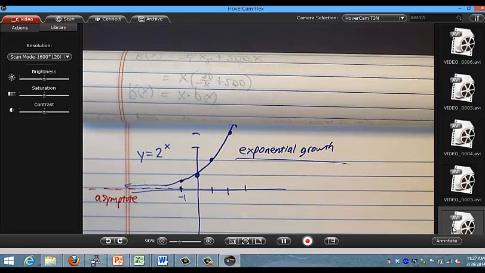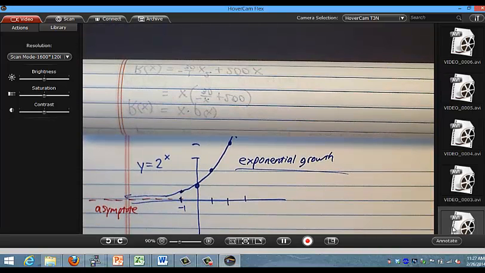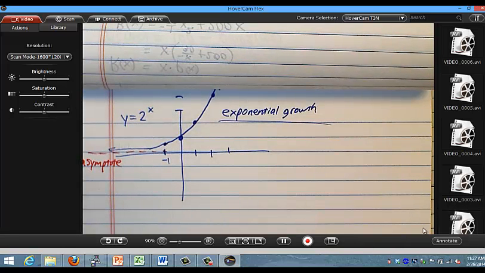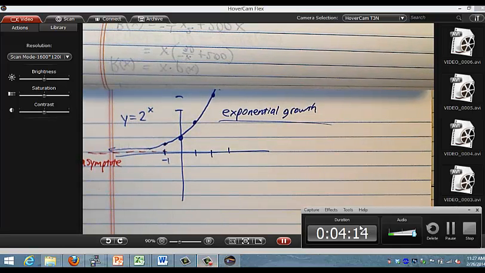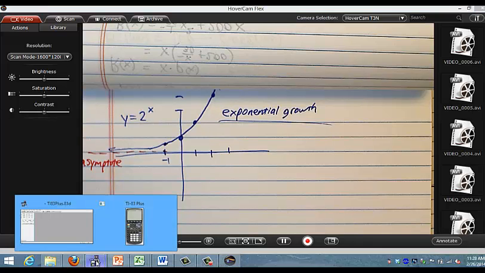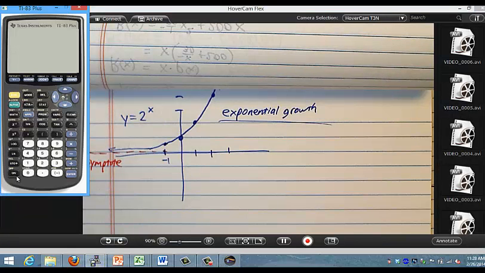Now what you might say is, what happens if I change the value? That's really the next question. If I go here to the y equals screen, let's compare. Give me another value of the base besides 2. What do you want to see? 5.